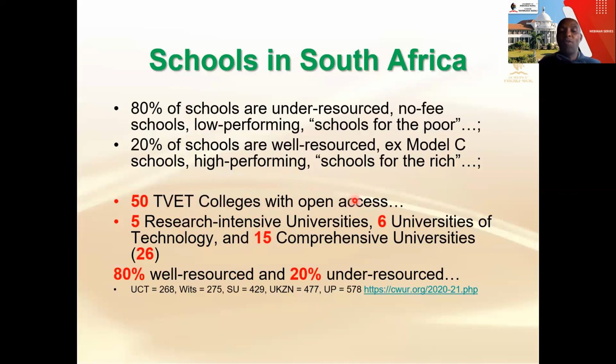It can be TVET colleges if they have poor results or poor marks, and then they can go to universities of technology, or to comprehensive universities. We have 26 universities in South Africa combining research-intensive universities, comprehensive universities, as well as universities of technology. Those are the categories that we have.